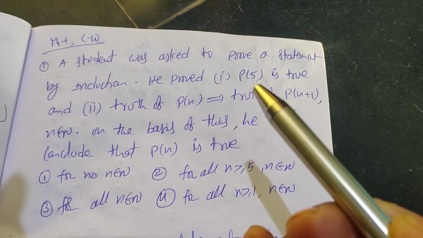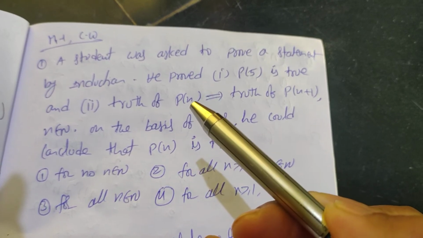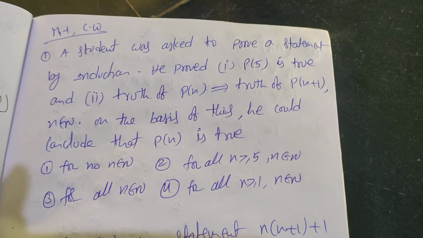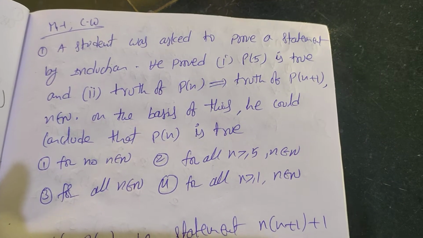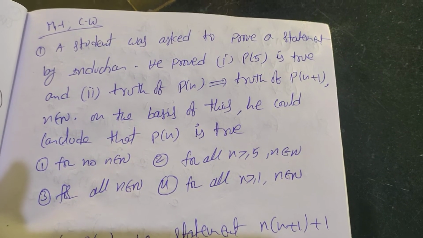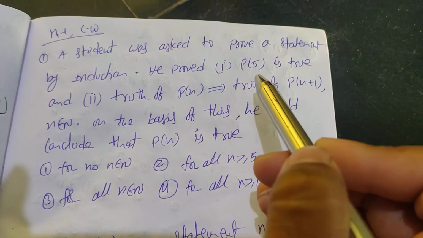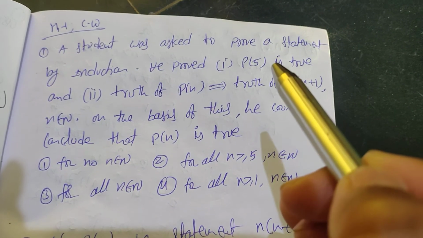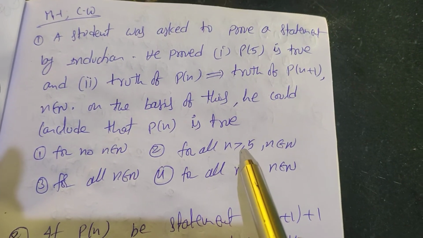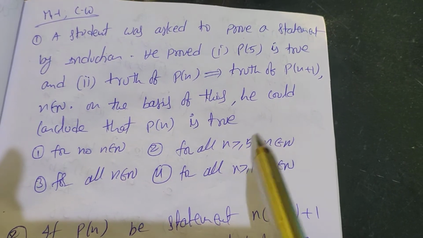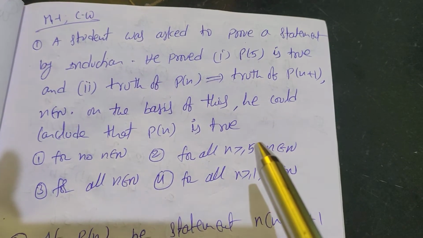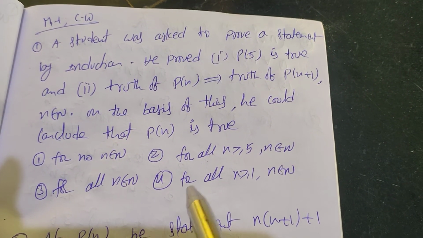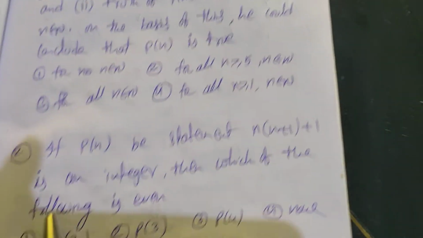So this means that it is true for all n belongs to N. N belongs to N means natural numbers starting from 1. But here we proved starting from 5, so it is possible only for all n greater than or equal to 5, n belongs to N. From 1 it is not correct, so these three options are not correct. The second option is correct for this question.